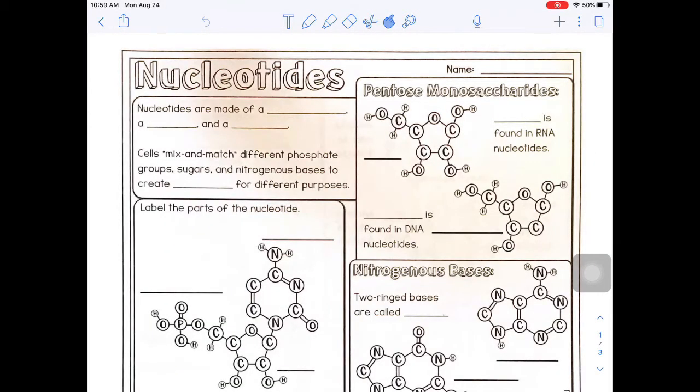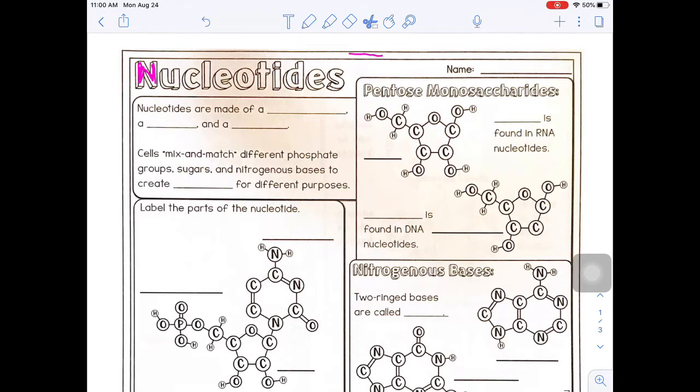I'm going to show you what to do with these doodle notes for nucleotides. I've opened up the document in Notability, and doodle notes are supposed to be an interactive and fun way for you to be taking notes. You can use different colors, color in the titles, color around the outside.